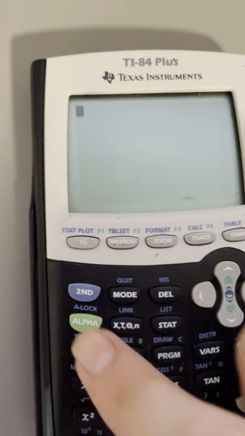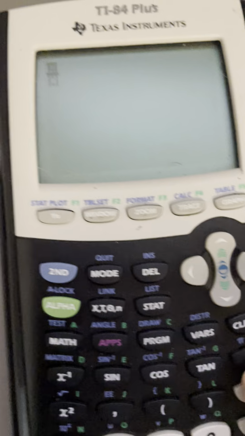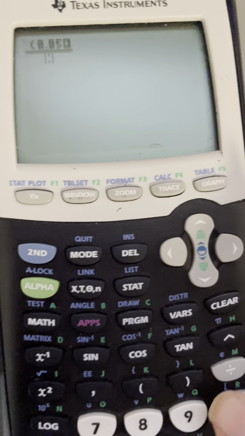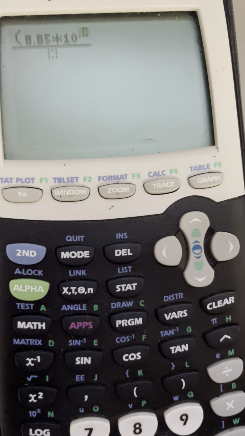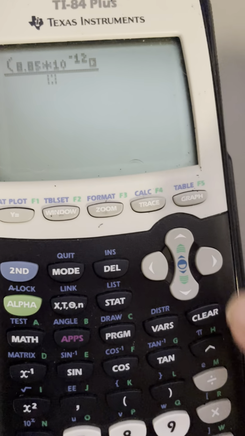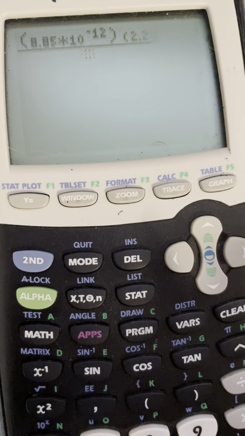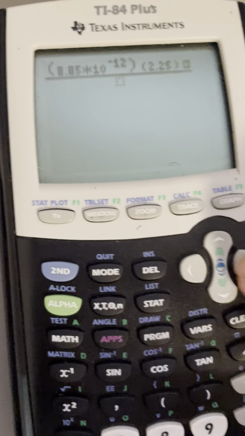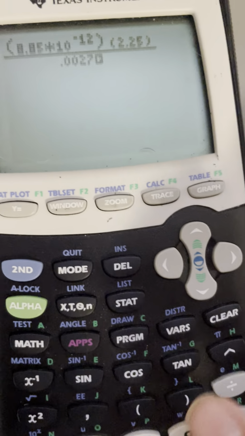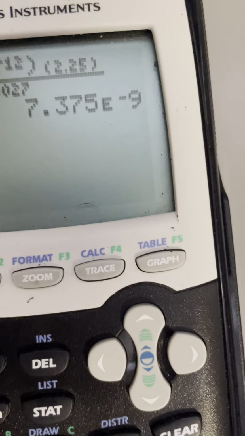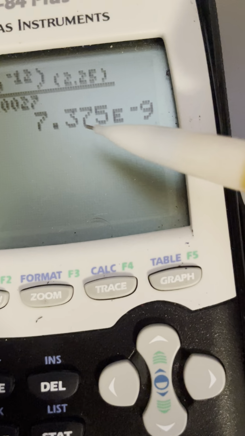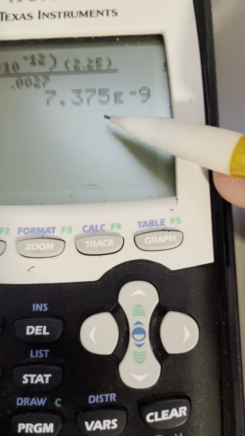And then if we put that in a calculator, we get 7.38 times 10 to the negative 9th.